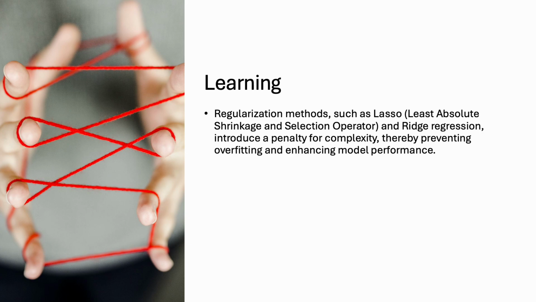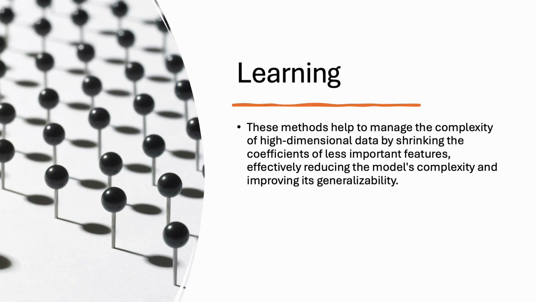Regularization methods such as lasso, which is least absolute shrinkage and selection operator, and ridge regression introduce a penalty for complexity, thereby preventing overfitting and enhancing model performance. These methods help to manage the complexity of high-dimensional data by shrinking the coefficients of less important features, effectively reducing the model's complexity and improving its generalizability.